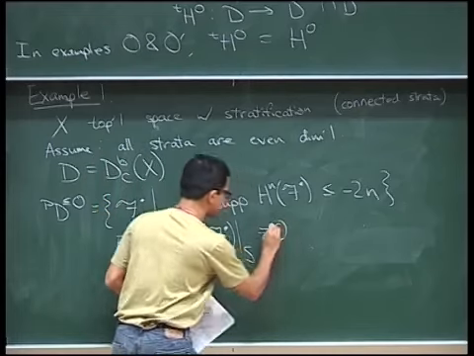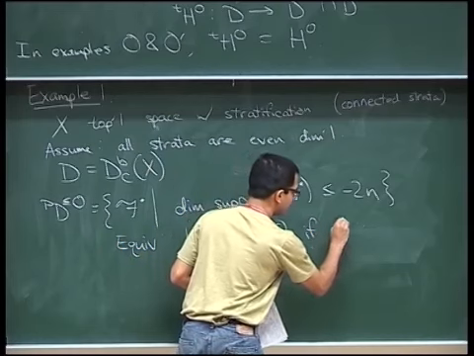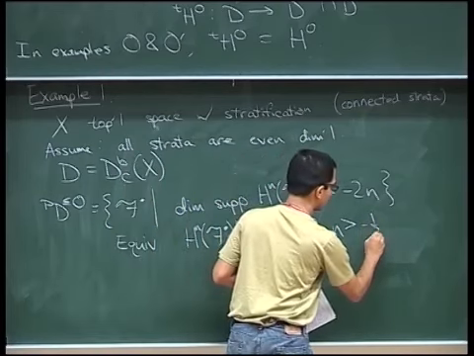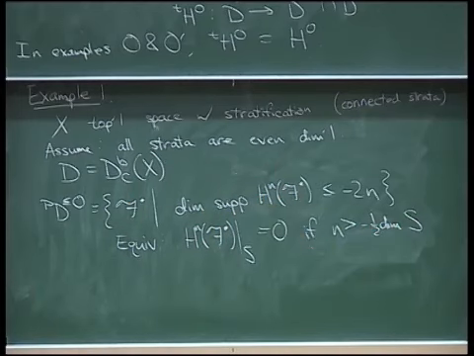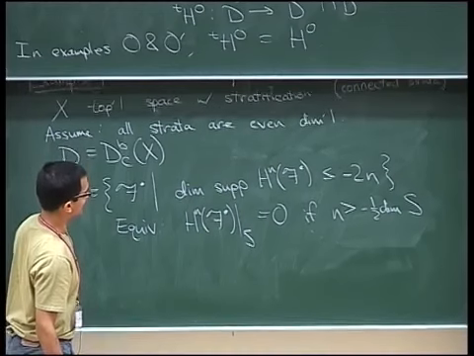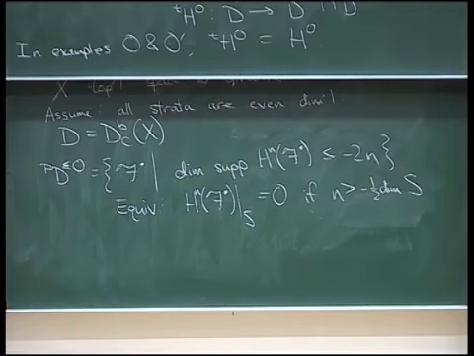So this equals 0 whenever n is bigger than minus 1/2 the dimension of S. So you should double check to make sure I got these inequalities right, or at least that they're equivalent to each other. But I think this is correct.